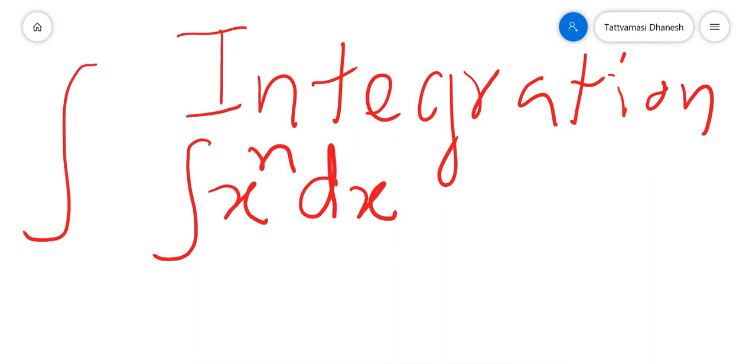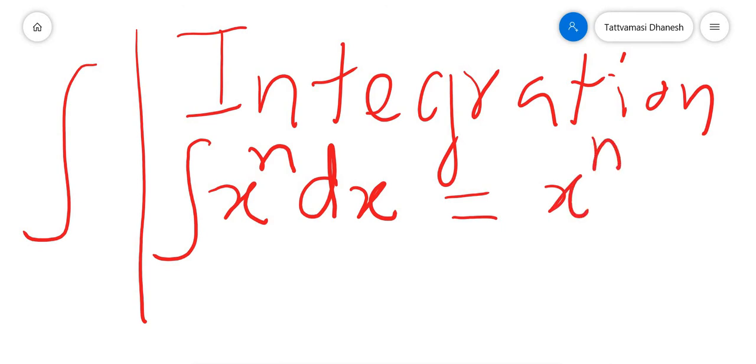Now the integral of x raised to n dx is equal to, what is the derivative of x raised to n? n x raised to n minus 1. What is the integral of x raised to n? x raised to n plus 1 divided by n plus 1.